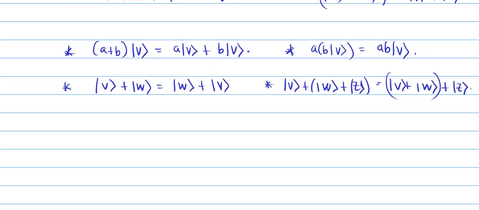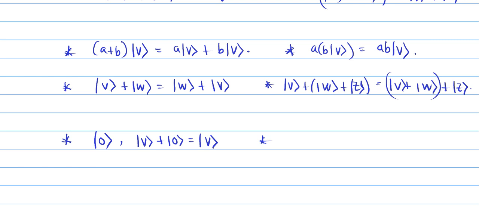There exists a vector called the null vector that is denoted by this, and this null vector will obey this rule: if I sum any vector with the null vector, I will get the vector back.